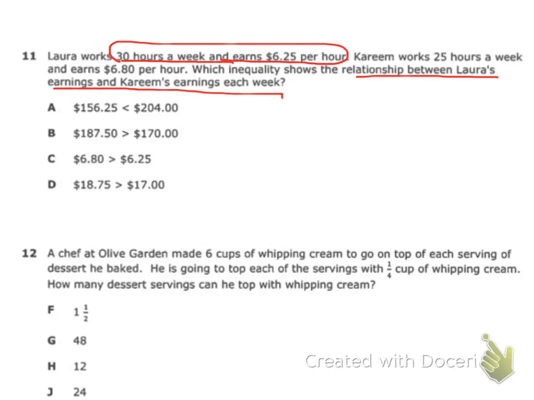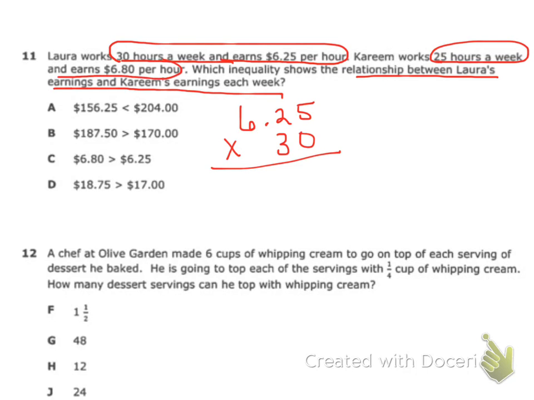So her earnings are $6.25 times 30. Okay? And then Kareem works 25 hours a week and earns $6.80. So we're going to do $6.80 times 25.